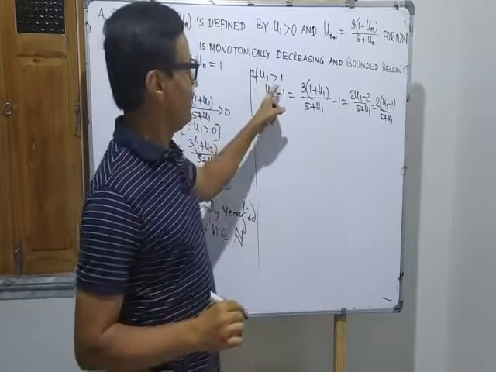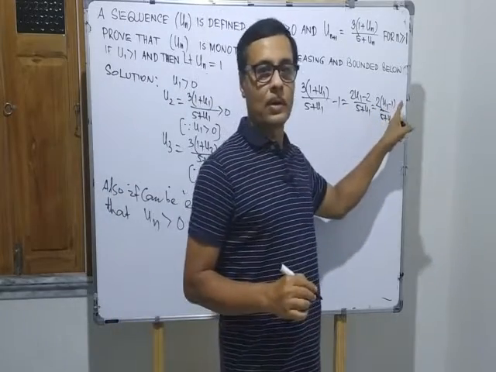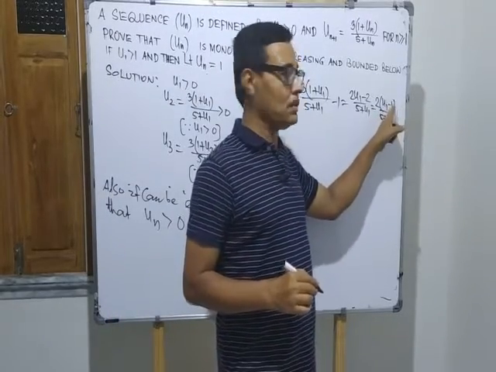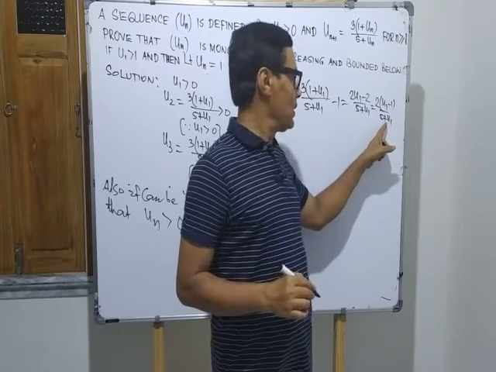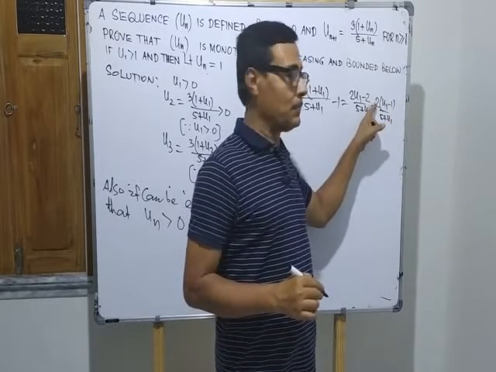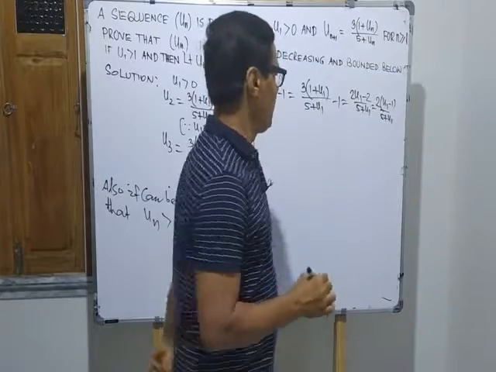But u1 greater than 1, so u1 minus 1 is positive, that is greater than 0. This is also positive, so this term will be positive.